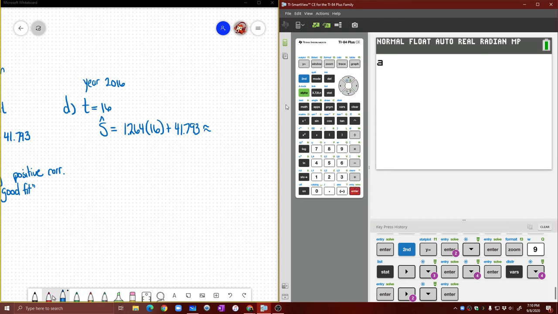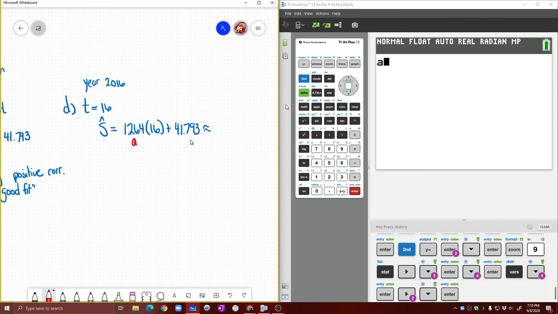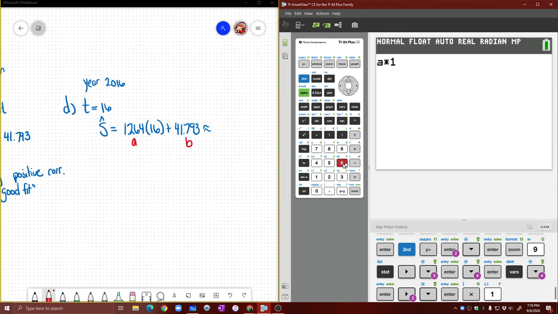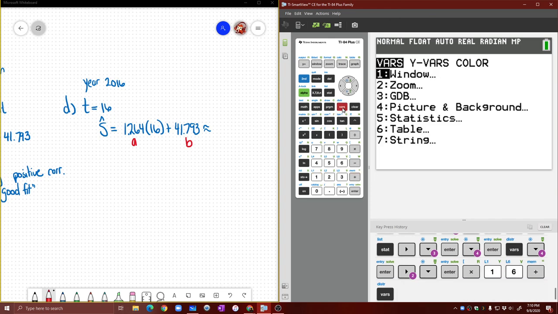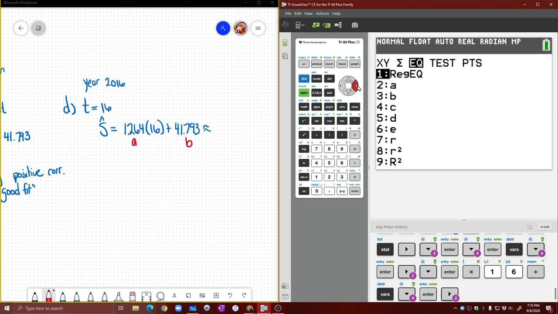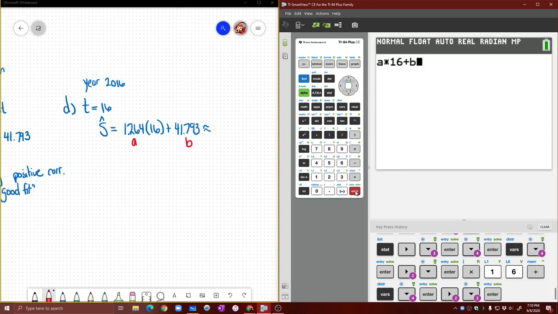So remember, and I'm going to label it here, this is A, this is B. So A times 16 plus, and I'm going to go back into the variables. Again, under statistics, EQ, and it's option 3, there's the B. And there we go.